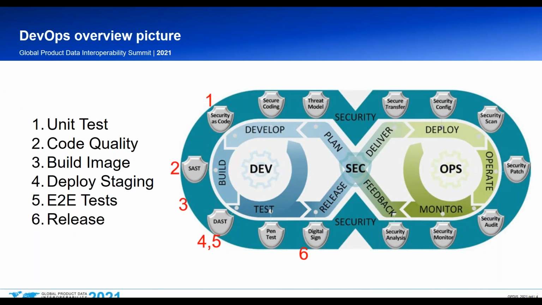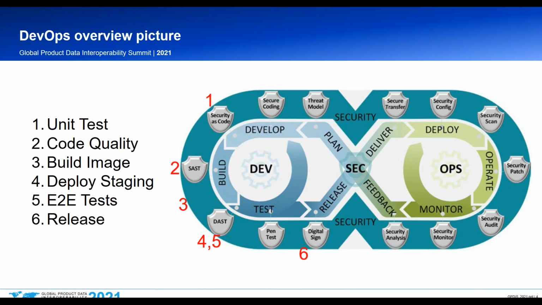So this is, I like it, the colors and the flow for a DevOps pipeline. And I have some numbers in red, 1, 2, 3, 4, 5, 6, which relate to the text on the left. The very first part, we talk about security as code, and we're going to get into unit testing.